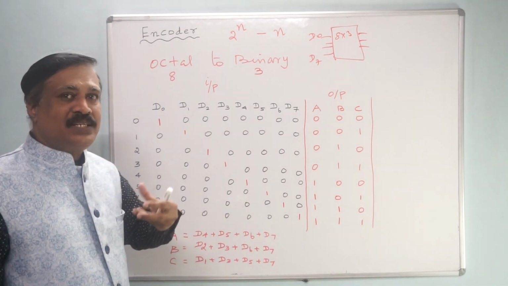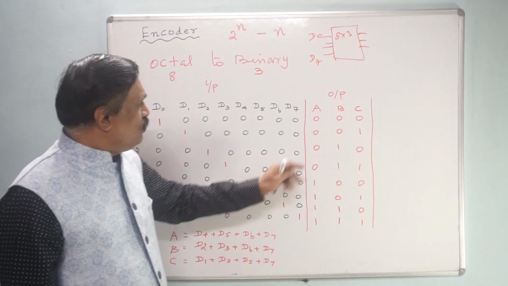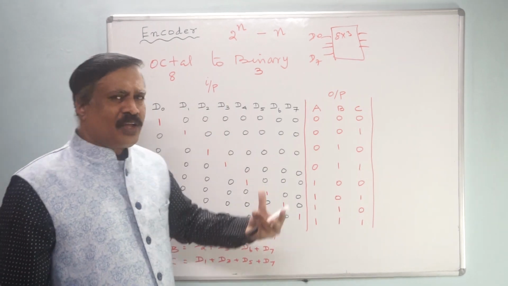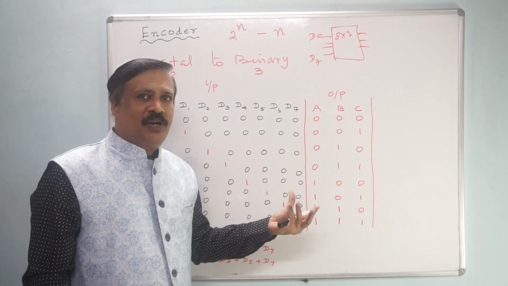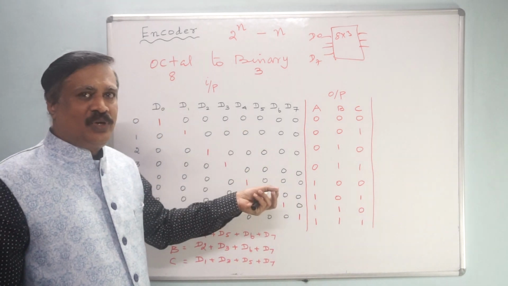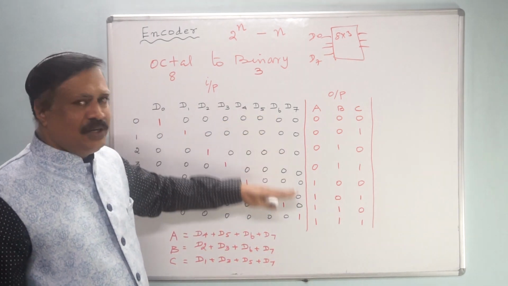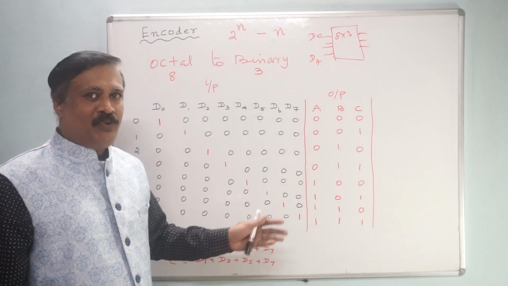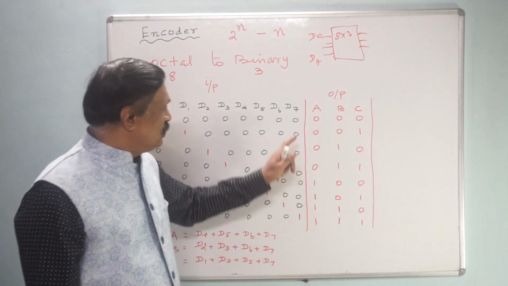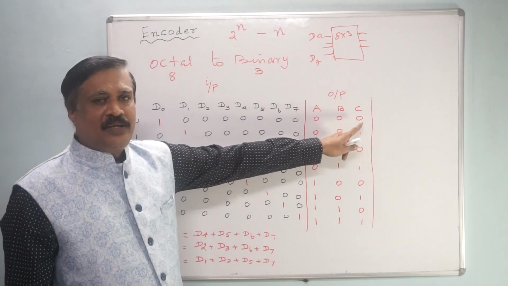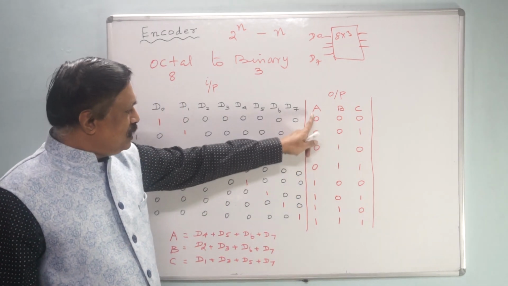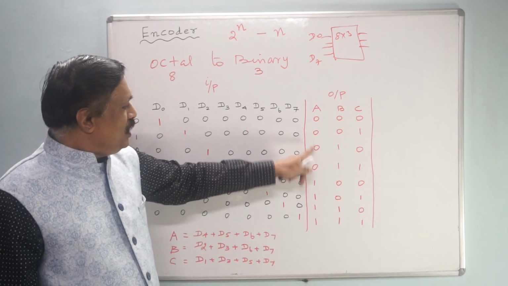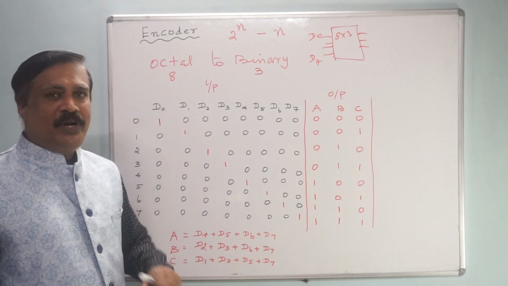Now how to design a circuit for this? For every circuit we require a truth table. Now we have defined what an encoder is and we have prepared the truth table. Now we have to write the equations, one step at a time. Three output variables are there, A, B, C. For variable A, how many ones are there?